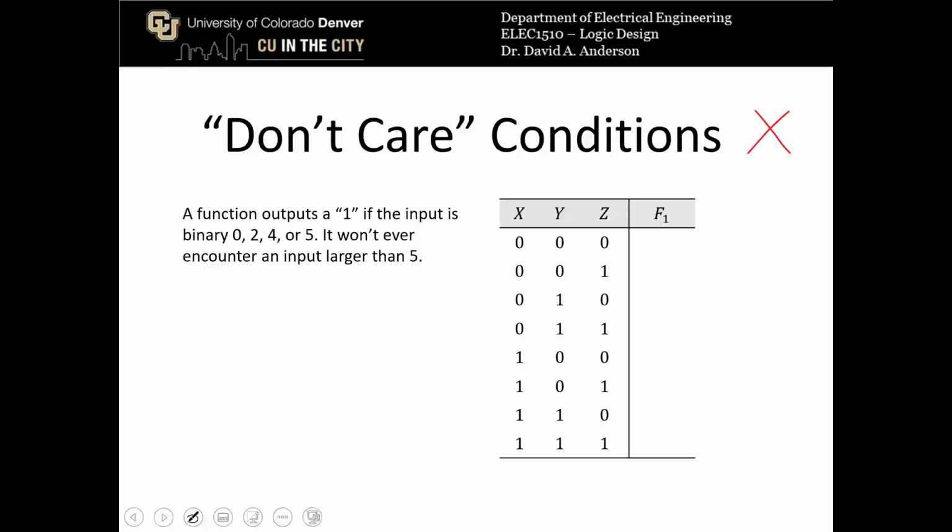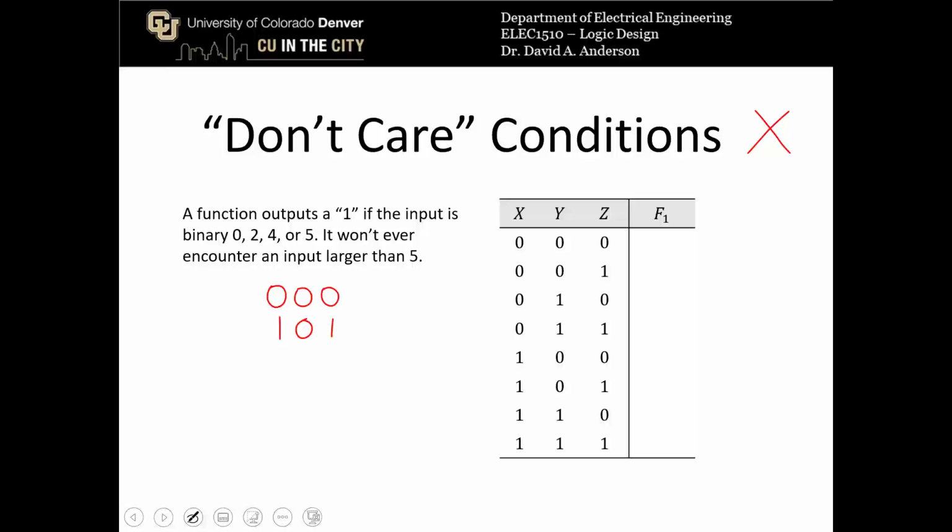So let's just start with a quick example. A function is going to output a 1 if the input is binary 0, 2, 4, or 5. It won't ever encounter an input larger than 5. So for the full range of binary inputs that we expect to see, 0 through 5, we need 3 bits, 0, 0, 0, and 1, 0, 1 for 0 and 5.